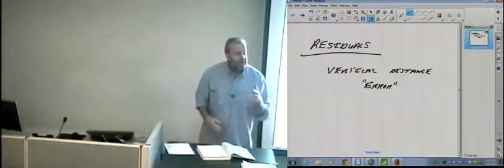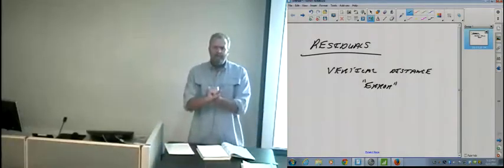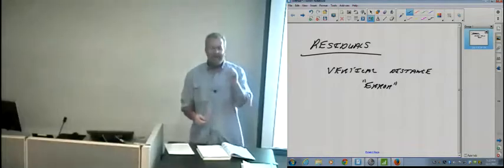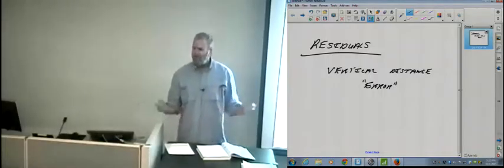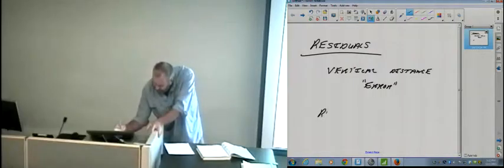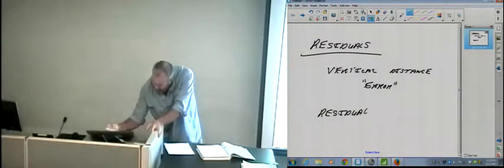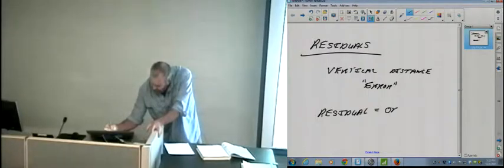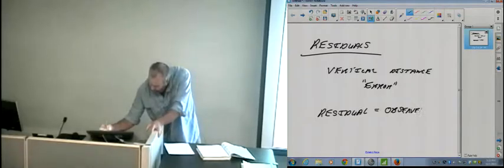All right? So here's the deal. For every individual in your data set, every point that's on your scatter plot, there is a residual. And the way you calculate the residual is it is always the observed y minus the predicted y.